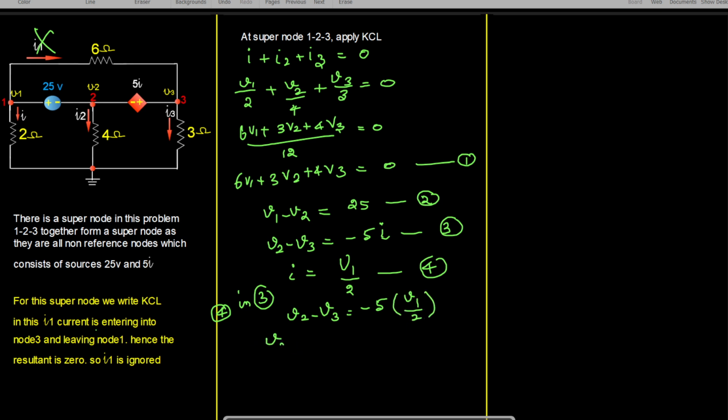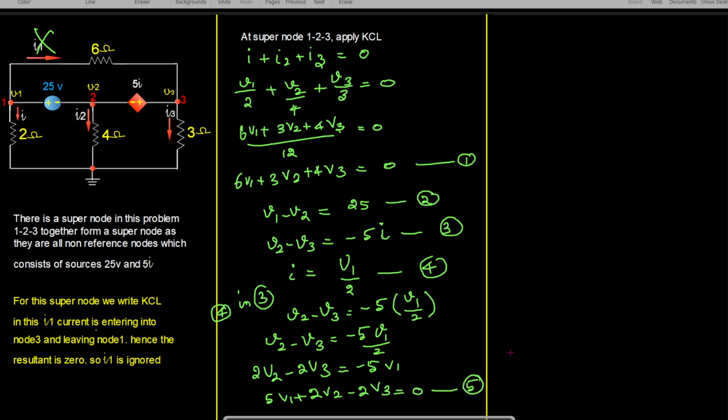So it is 2V2 minus 2V3 equal to minus 5V1, or 5V1 plus 2V2 minus 2V3 equal to 0. This is the fifth equation.